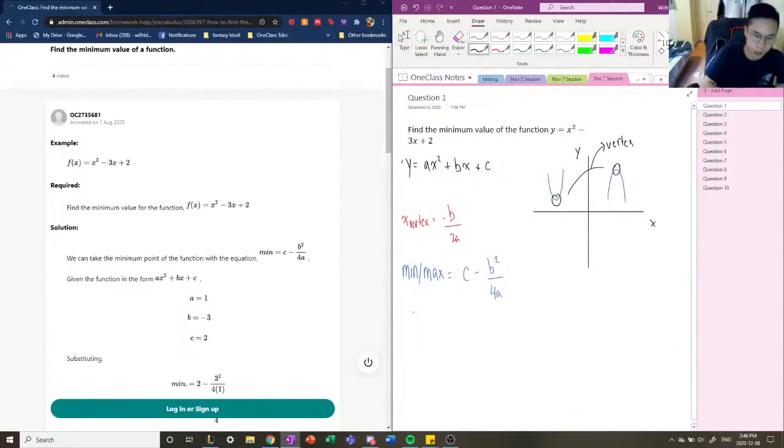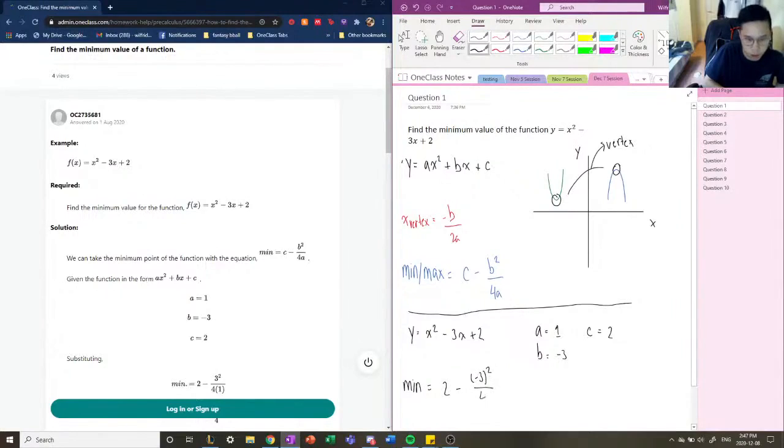So here in our problem, we have our quadratic equation in the standard form of y equals x squared minus 3x plus 2. So we know that a is equal to 1, the coefficient, b is equal to negative 3, and c is equal to 2. If we plug that into our equation here, we have min equals 2 minus negative 3 squared divided by 4.